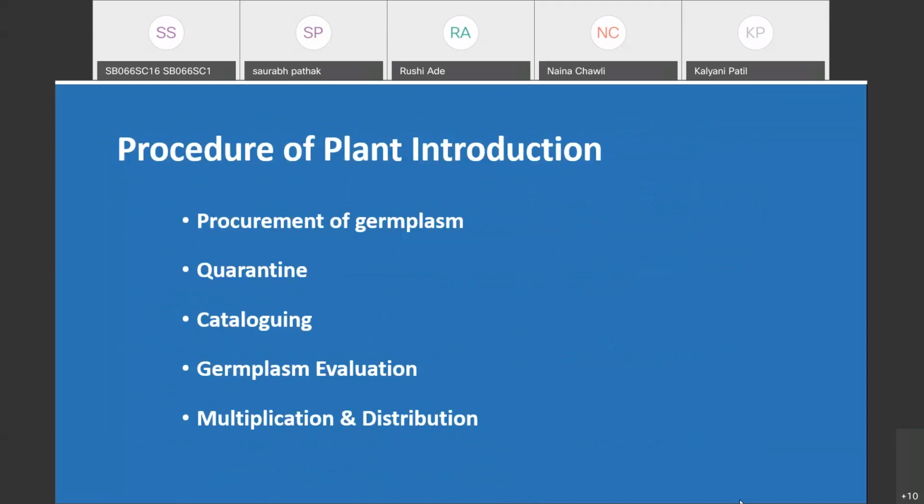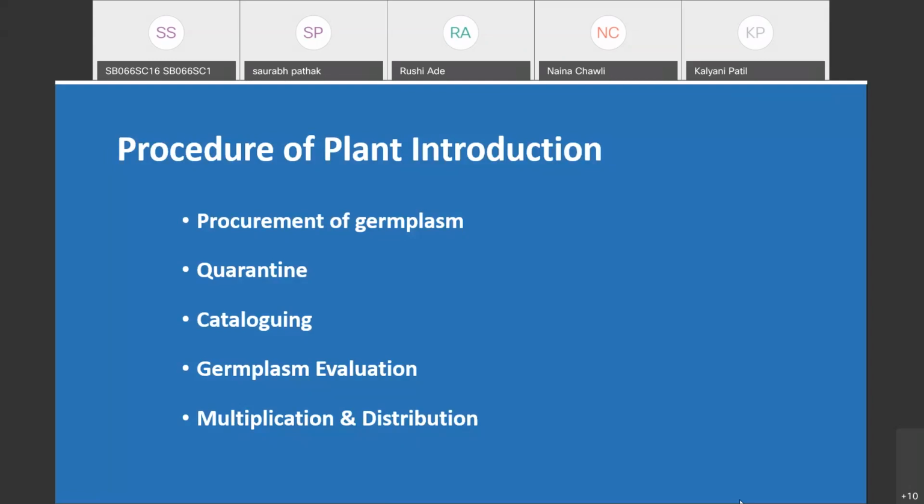Then we were discussing the procedure of plant introduction. Plant introduction is a very difficult task. It is carried out in five different stages. The first one is the procurement of germplasm, or we can say the procurement of the plant material.